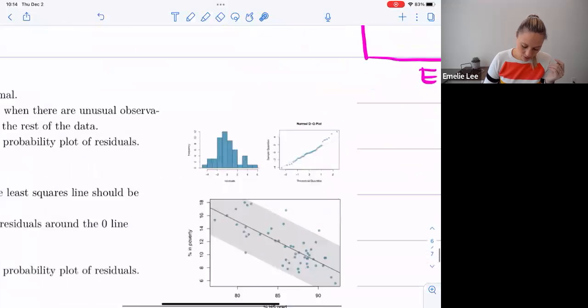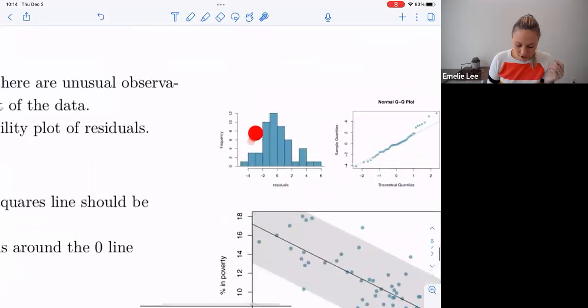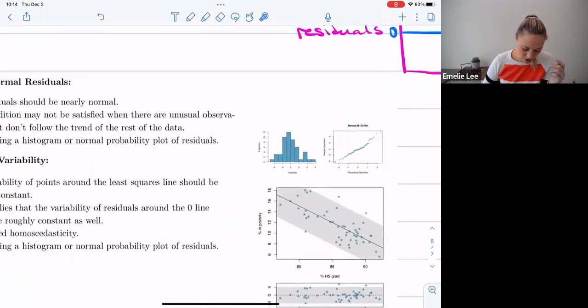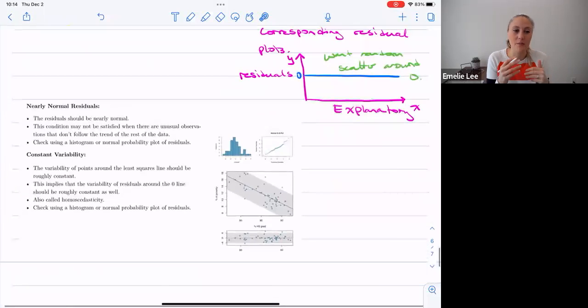For checking the normality of the residuals, again, they should be centered on 0, and you can use a QQ plot if you want. But usually it checks out. If you have random scatter around 0, then you usually have nearly normal residuals.